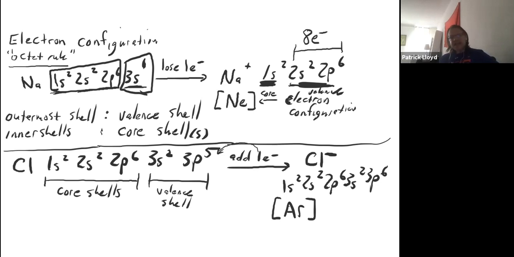So attaining a noble gas configuration is a manifestation of the octet rule that we talk about. Why octet again? Because now the outermost shell has 8 electrons. The valence shell has 8 electrons, whereas in chlorine, the valence shell has 7 electrons, right? Add 1, you got 8. So now we have a readily available explanation for some of the patterns that we observe in the periodic table.